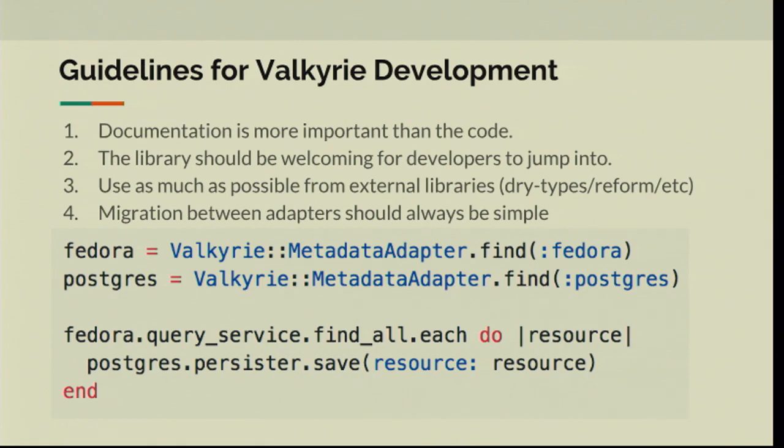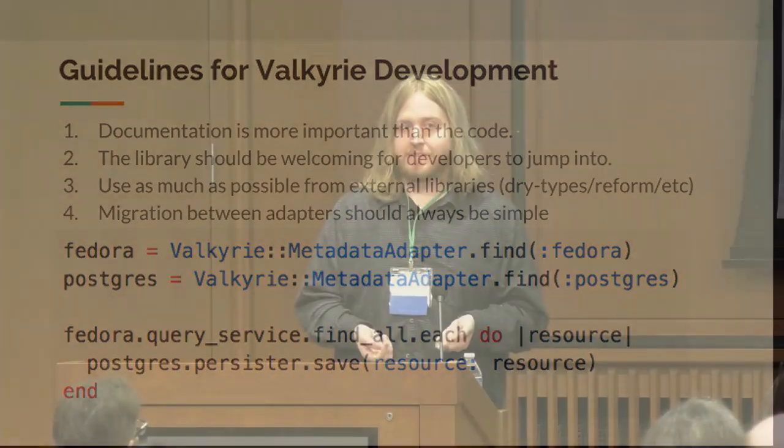So, some guidelines. When the Data Mapper Working Group spun up, and as we worked on it, we tried to set some goalposts for what development of Valkyrie would look like. The first thing is, it turns out documentation is more important than code. In previous libraries, we've had a hard time getting things like wiki tutorials and in-code documentation.